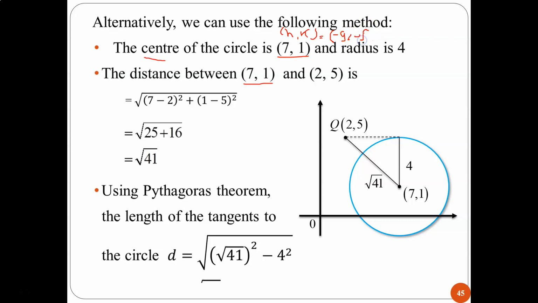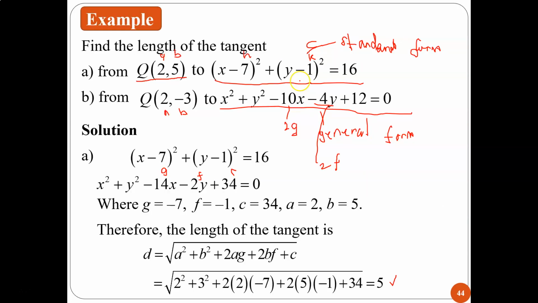How do I know it? Over here, we already obtained the center of the circle from here. G is negative 7, F is negative 1. So if we want to change it into the center, it becomes negative G, negative F, right?